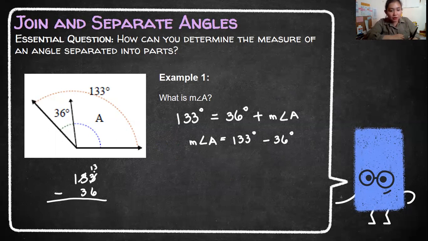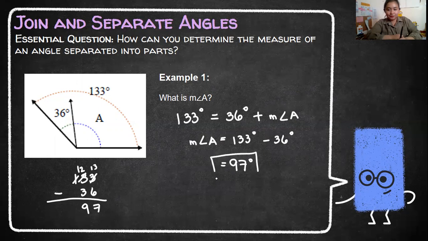This one will become 13. 13 minus 6 is 7. Then this one will become 2. I'll borrow 1 here, so 12 minus 3 will give me 9. So, the measure of angle A would be 97 degrees. There.